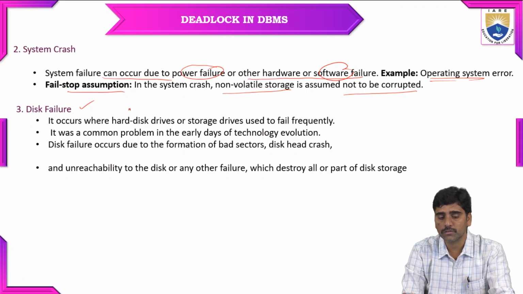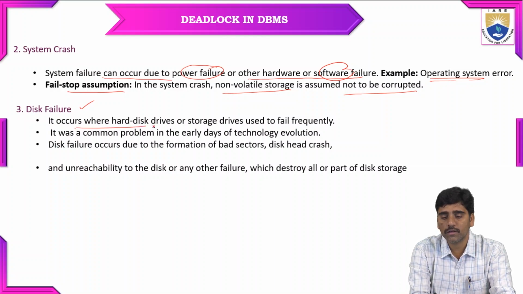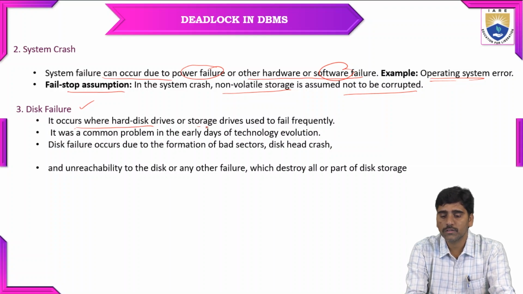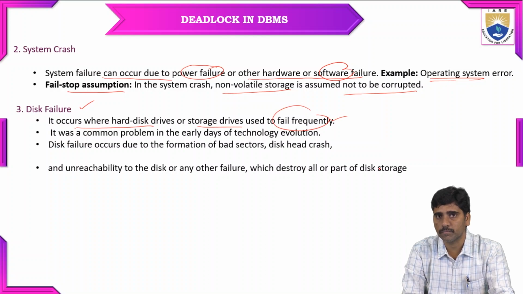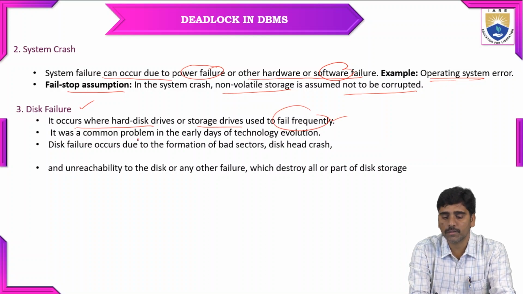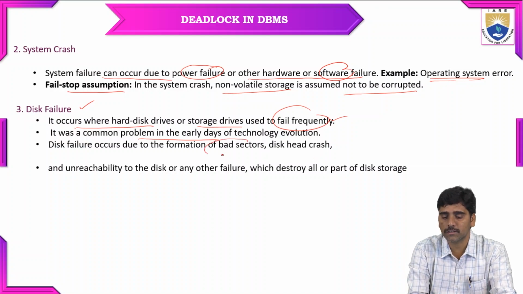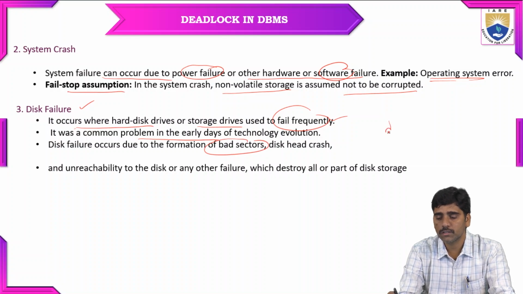And the third case, disk failures. It occurs where hard disk drives or storage drives fail frequently, and it was a common problem in the early days of technology evolution. Disk failures occur due to the formation of bad sectors. A disk contains all the sectors, right?